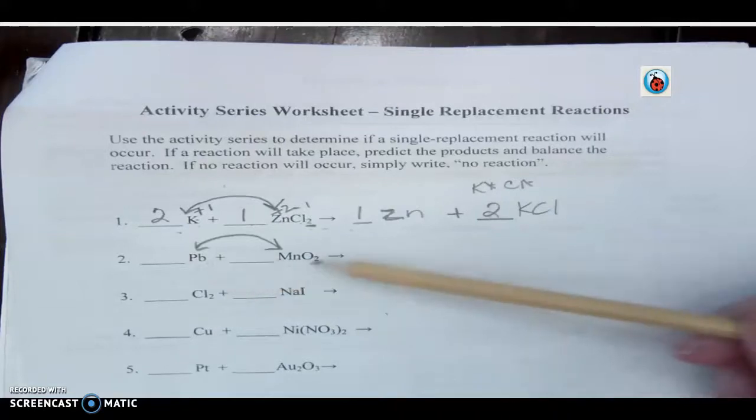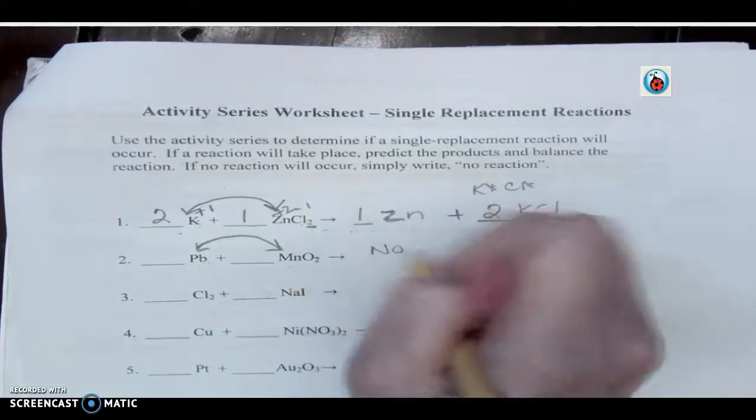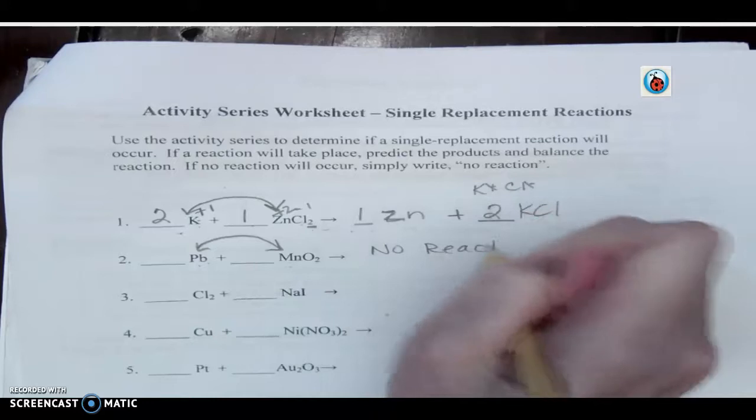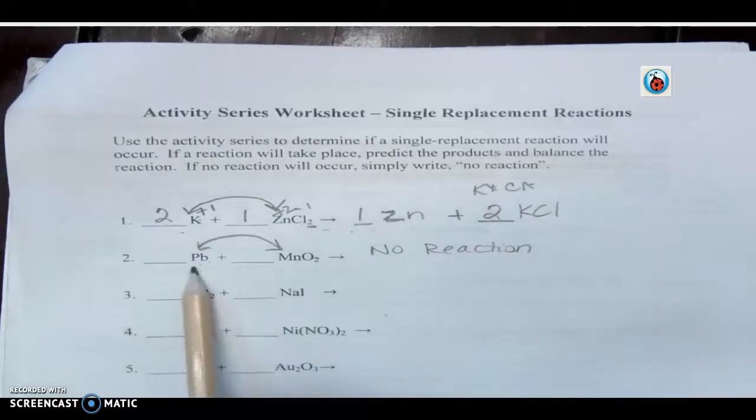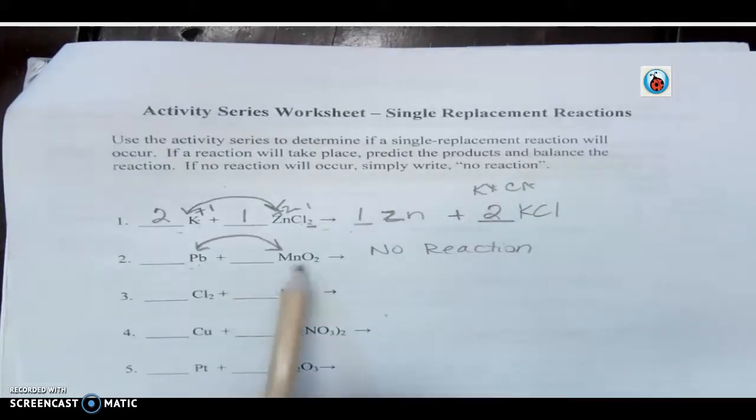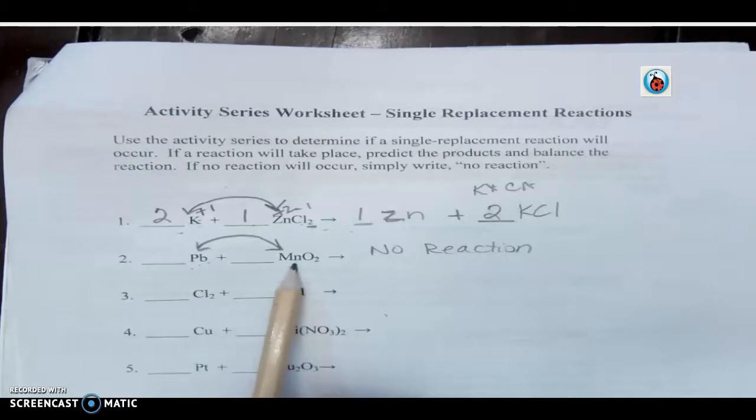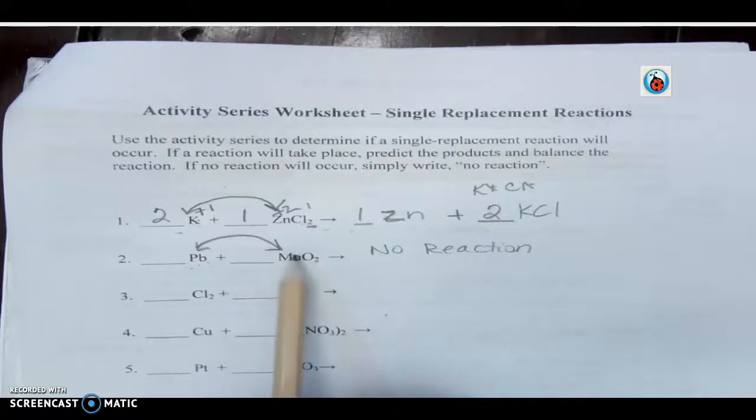She's not going to trade down. So we're going to write no reaction. This is telling me if I add lead to this manganese oxide, which is manganese 4 oxide, and I try to get it to react, nothing's going to happen. It doesn't matter if I heat it up, stir, whatever, this reaction will never take place.